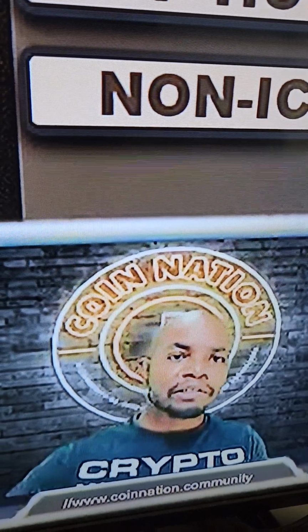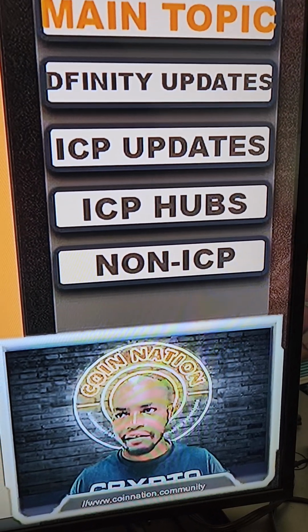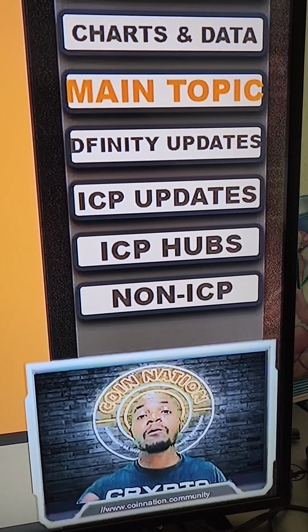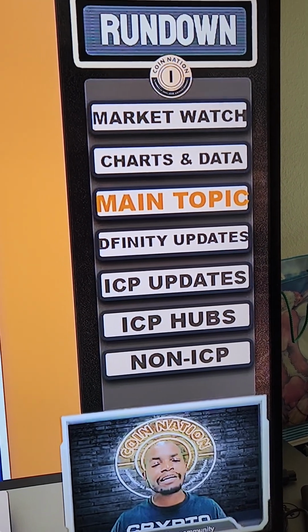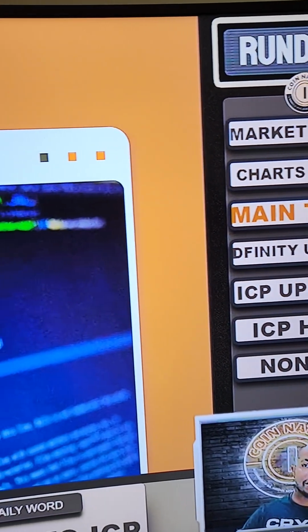So when I put money in an 8-year neuron, it's not because I believe that the subnets are the fastest thing on the internet right now. It's because I believe they will be one day extremely fast to the point where we're not even talking about this anymore.